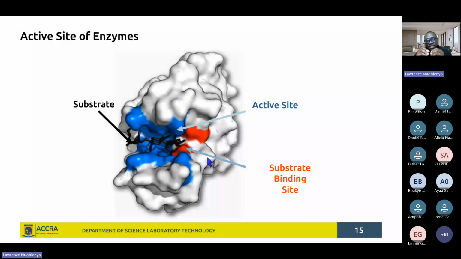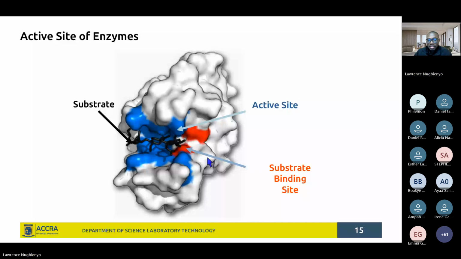And for every enzyme, you find some specific amino acids that act as the binding site, I mean, forming that active center or the active site of the enzyme.